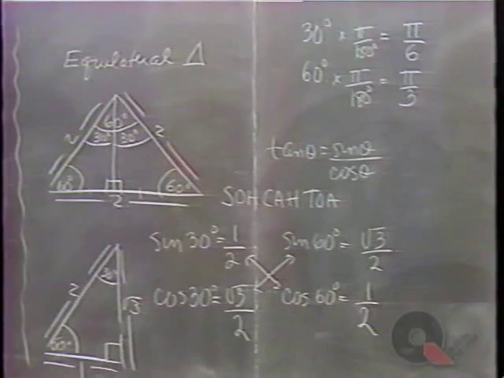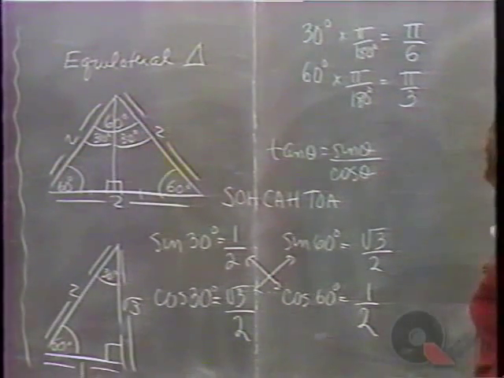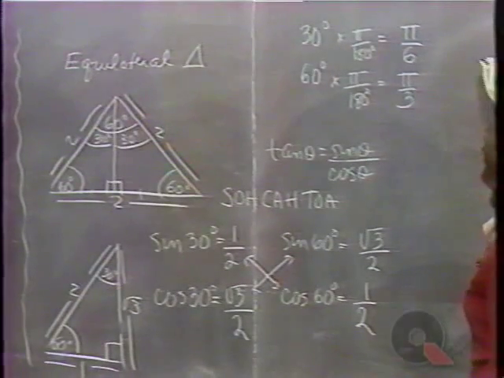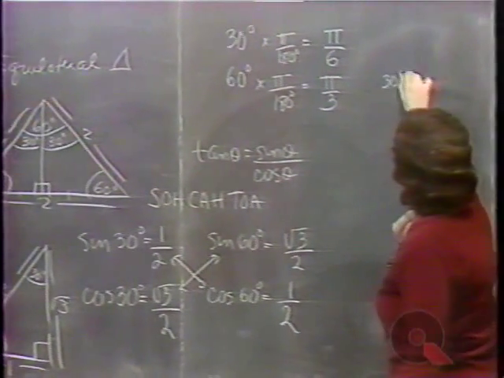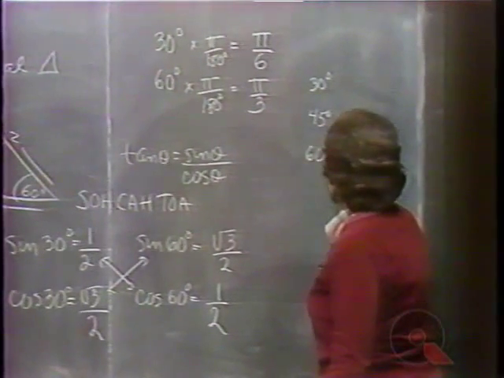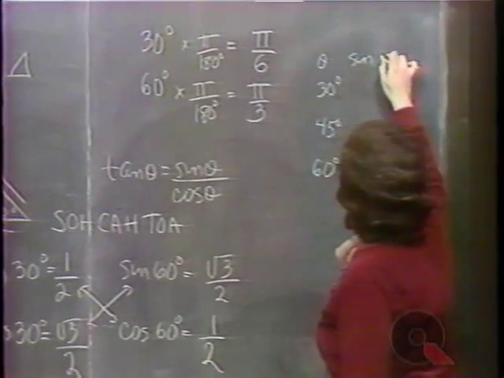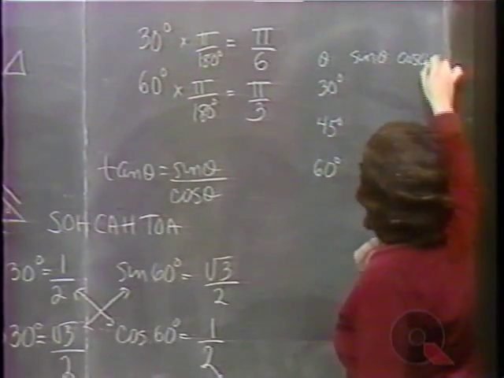Okay, what I would like to do now, just for future reference later on in this videotape, is record what we have so far. We have for 30 degrees, 45 degrees, and 60 degrees, the sine of the angle and the cosine of the angle.